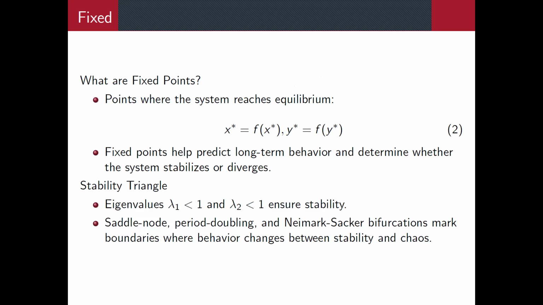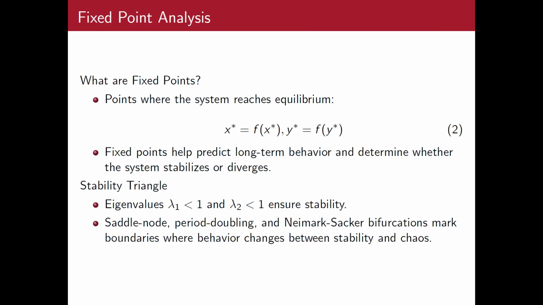Next, let's look at the system's equilibrium or fixed points, which help us predict long-term behavior. And what are fixed points? A fixed point occurs when the system reaches equilibrium, meaning the state no longer changes. Mathematically, this means solving for x star and y star where the system remains stable.